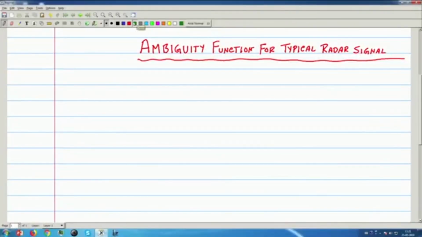We have already introduced some of them qualitatively, but quantitatively we will find some metrics which will give us that.